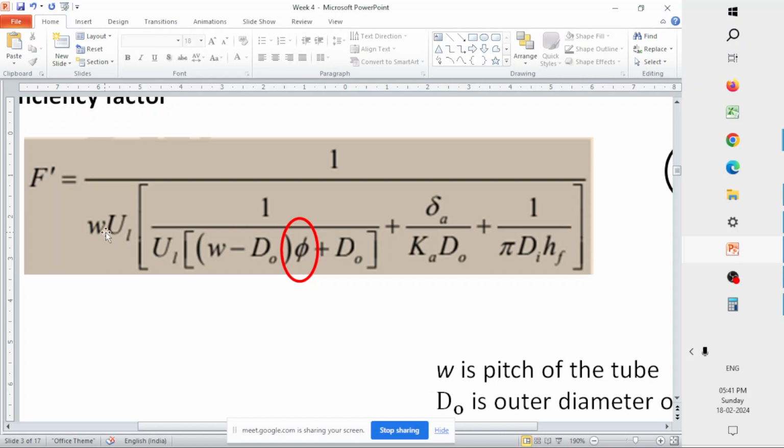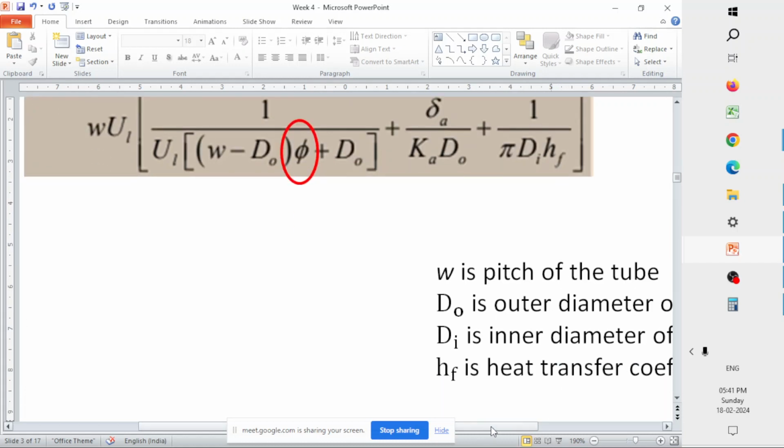UL is your heat loss coefficient, which we assumed as 4, and then here you have your phi, that is the plate effectiveness factor which we got. D naught is nothing but your outer diameter of the tube, and here lambda A divided by Ka delta A is nothing but your adhesion resistance, and your adhesion resistance in the majority of questions will be 0. So that particular term will be 0, and here you have 1 divided by pi Di hf.